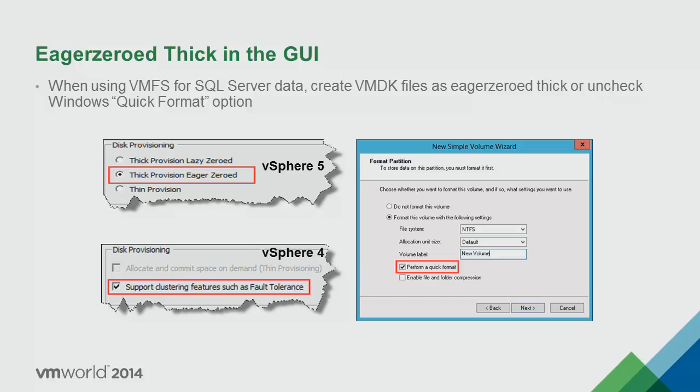I know that's perfectly logical and makes great sense. But the reason for that is one of the requirements for fault tolerance is eager zero thick disks. So when you check this box, we eager zero thick the VMDKs, but we didn't actually configure fault tolerance. So if you're on one of the 4 versions, this is the way you do it. And I also highly recommend you read our support statement for vSphere 4.